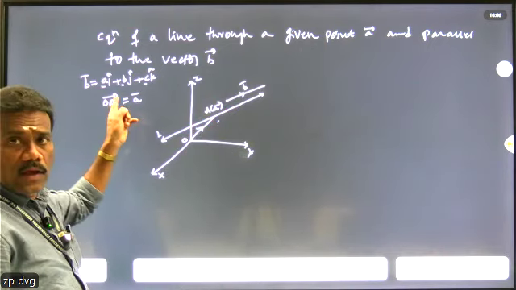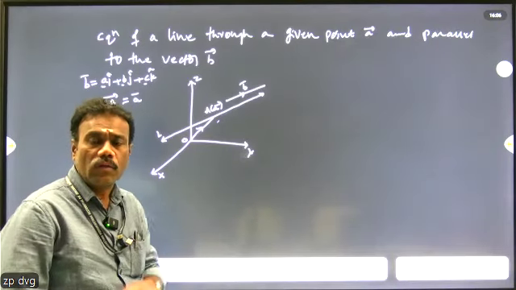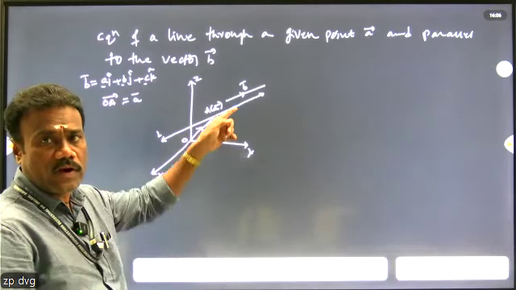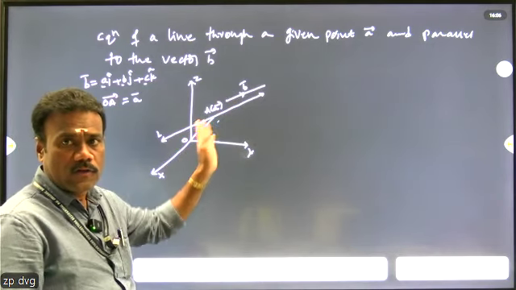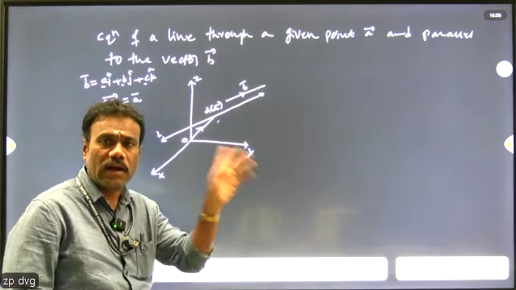B bar is A i cap plus B j cap plus C k cap, where A, B, C are the direction ratios of the vector, and since the vector is parallel to the line, A, B, C are the direction ratios of the line.